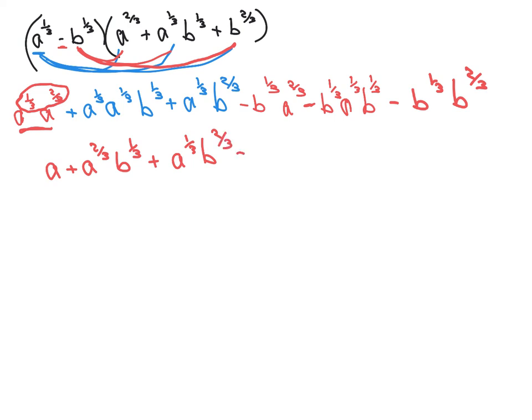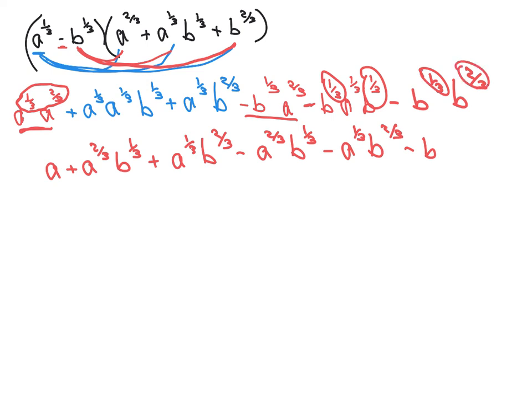And here we can't combine anything. I am going to switch them around just to put them in alphabetical order because everything else is in alphabetical order. Put that first, and then the b to the 1/3. b to the 1/3 times b to the 1/3 would be b to the 2/3. Then we finish up with b to the 1/3 plus 2/3, which is b to the 3/3, which is b to the 1, which I don't have to do anything with.